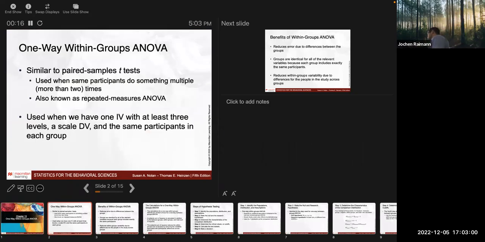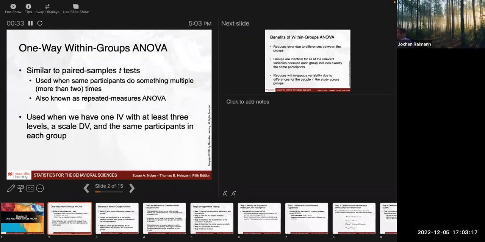The arithmetics actually are the same, and you will see that they're really similar to what we did with the dictator game example. The only difference now is that we have the same participant undergoing each level of your independent variable.